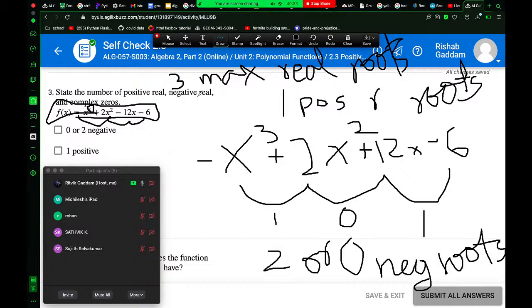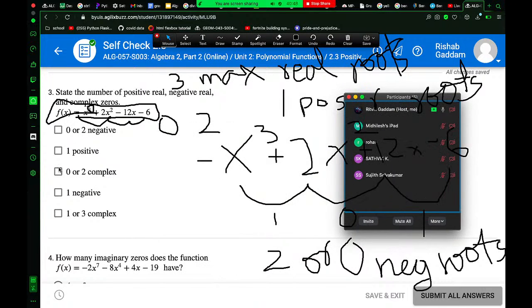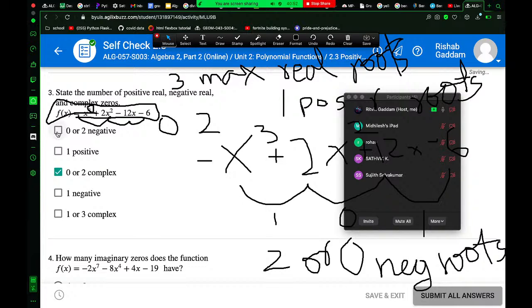So you have 3, so you have to do 3 minus 1 plus 2, and that's 0. So you can have either 0 or 2 complex roots. So the answer is 0 or 2 complex, 0 or 2 negative, and 1 positive.